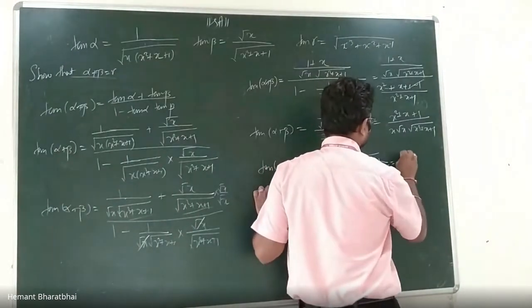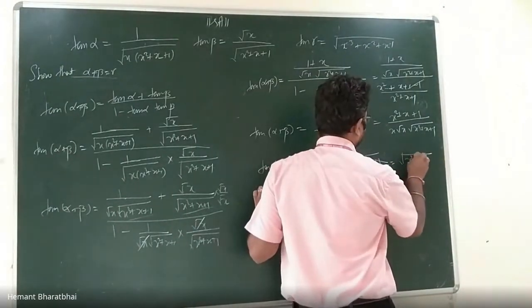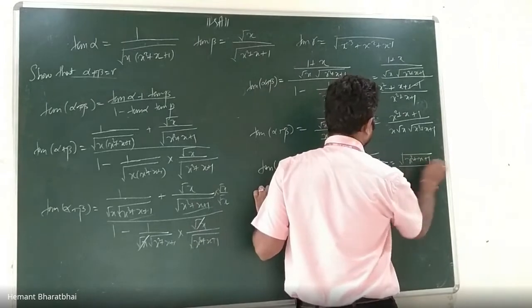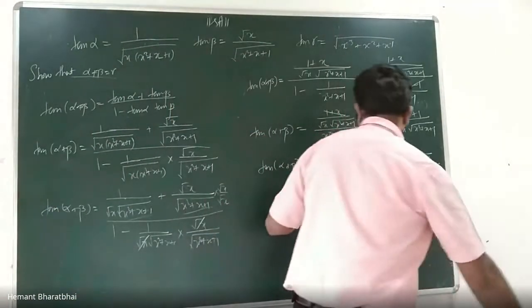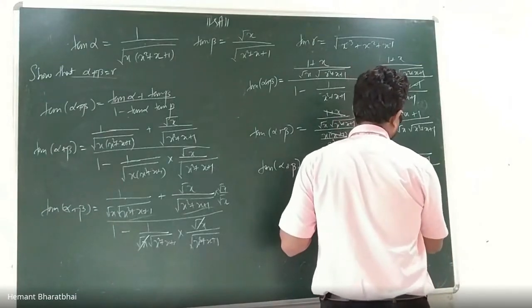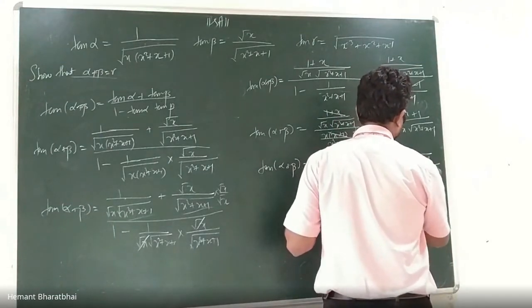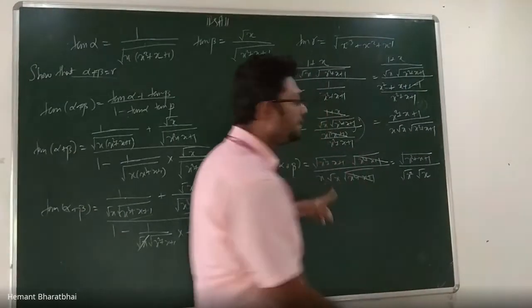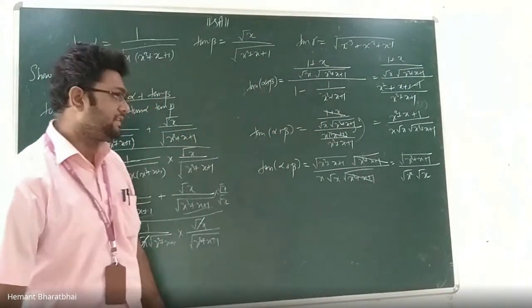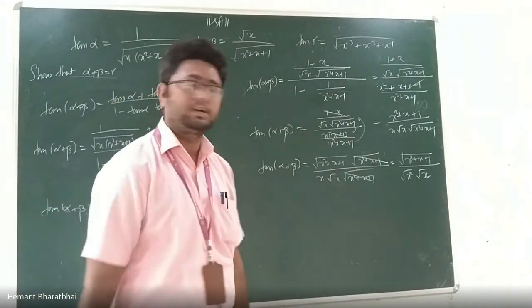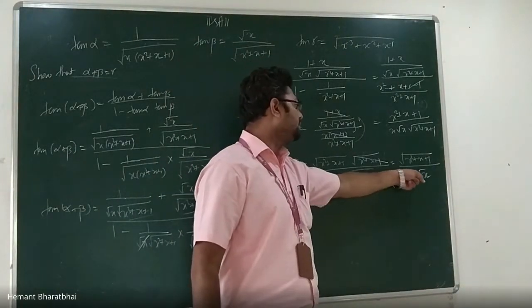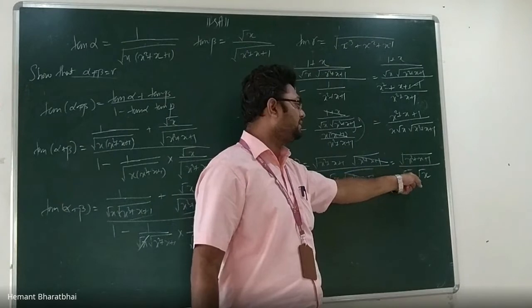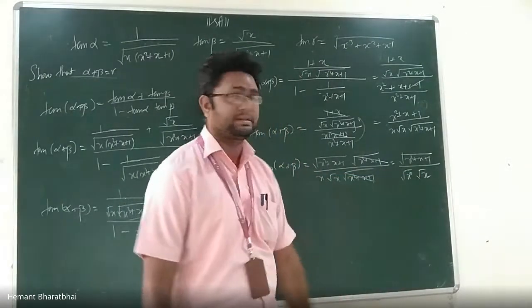Here I will get root of x square plus x plus 1 upon this x, which can also be written as root of x the whole square. Because everywhere root is there, I can write all the terms inside the root. Hence, I have written this x as under root of root x square. So square root and square get cancelled, so I will get x. So I am right mathematically.